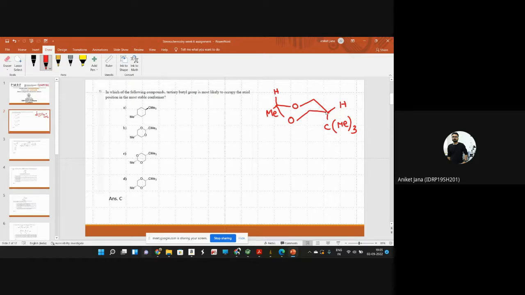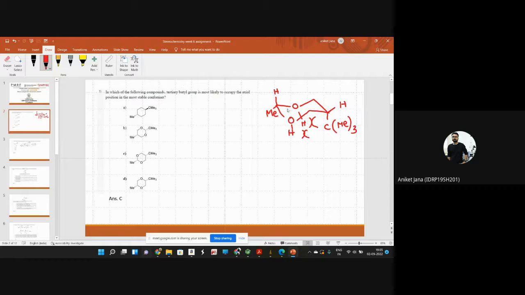So as we can see, here the CMe3 group is in the axial position. In the 1,3 diaxial interaction, in the normal cyclohexane structure, a hydrogen is there. If there is a carbon atom in place of oxygen, there is another hydrogen atom there. So there is a steric interaction between these two groups, right?